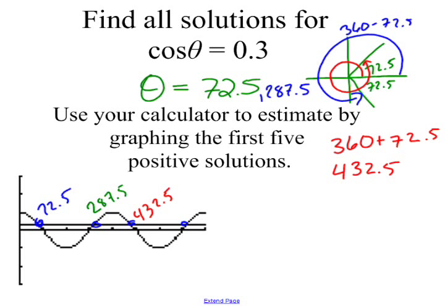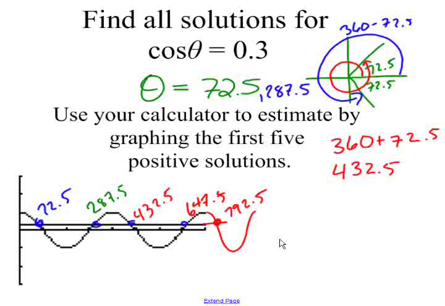And we just keep going with this until we find all of our solutions. So if I intersect this one, I ended up with 647.5. My graph didn't go out far enough because I wanted to see 4, or 5. So then I need to get that next one, which is basically just going to be 792.5.